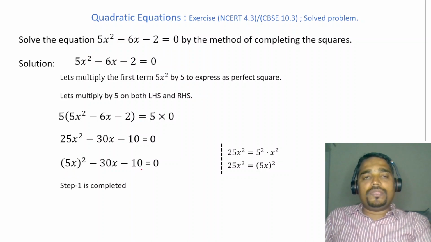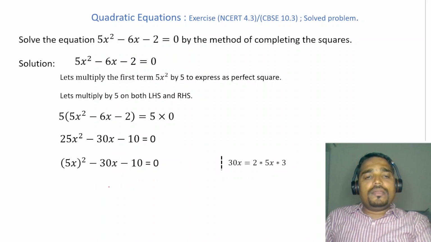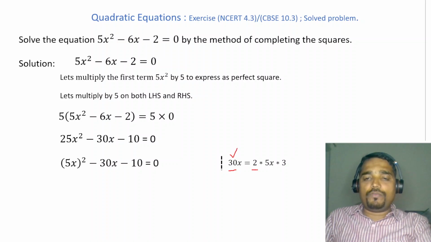Step number 2 is to express the middle term, which is minus 30x, as a minus 2ab term. Now let us see how to do that. Here we would simplify minus 30x: because 30 is an even number, it can be expressed with a factor of 2.